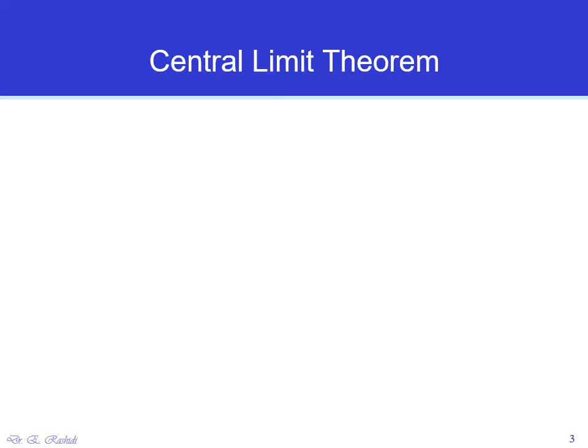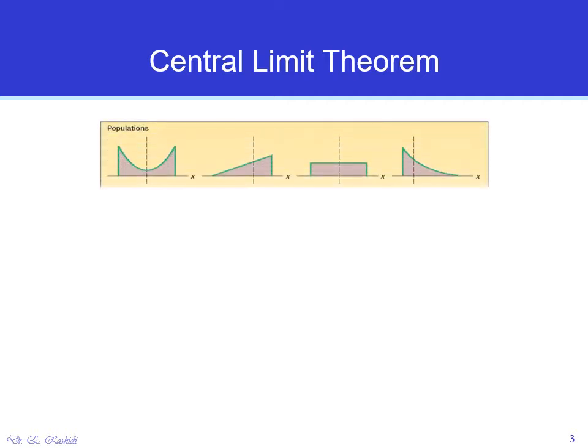The central limit theorem states that no matter the distribution of the population, the distribution of x bar, the sample means, would follow approximately normal distribution given that its size is greater than 30. Suppose we have these different distributions for the population. As you see here, the shape of these distributions is very different from each other.